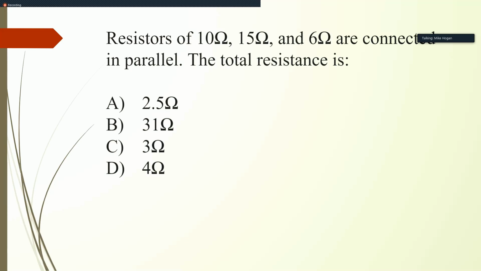We've got multiple values that are below the smallest one, right? And so 6 ohms, we know it's going to be smaller than the smallest. And so in order to properly calculate this answer, you'd have to use the reciprocal of the sum of reciprocals. So 1 over 10 plus 1 over 15 plus 1 over 6.